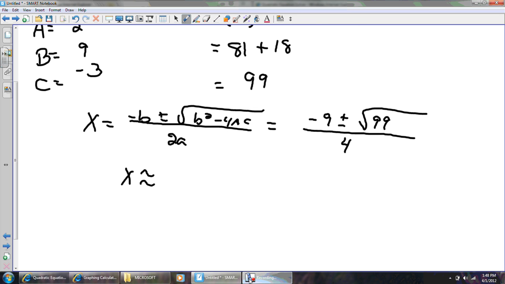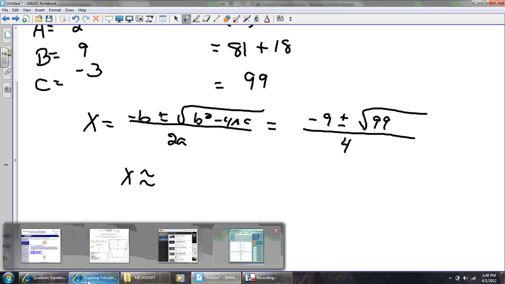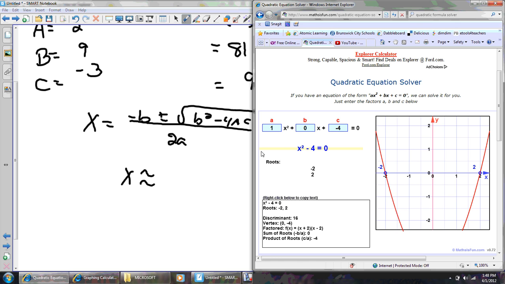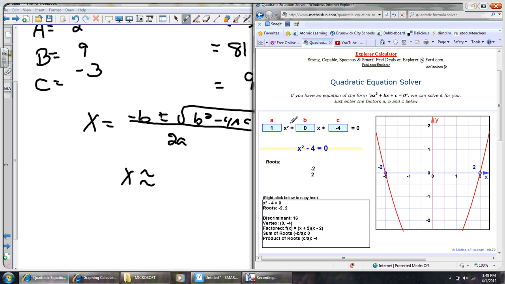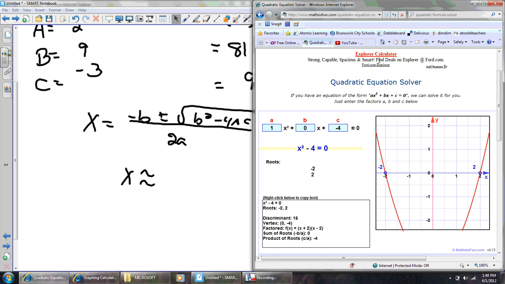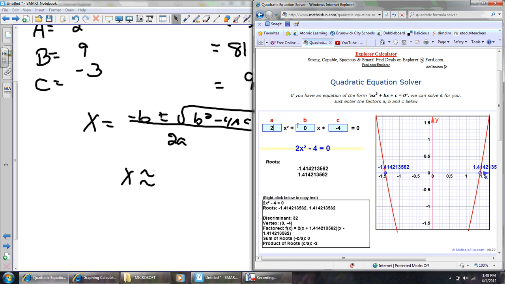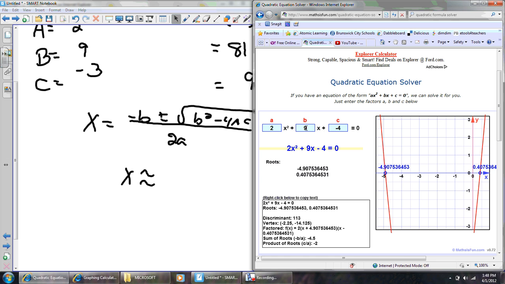All right, let me see here. I'm actually going to do it on here. You guys should be going to a calculator. Hold on one second. Okay, A is 2, B is 9, and C is negative 3.